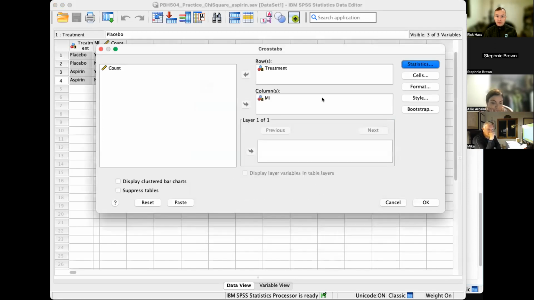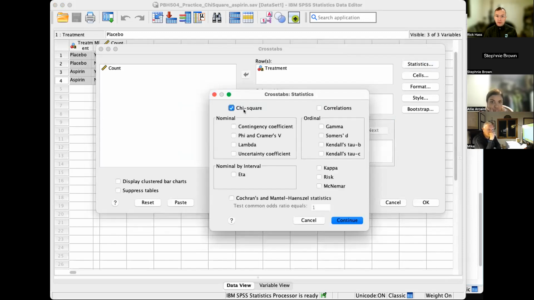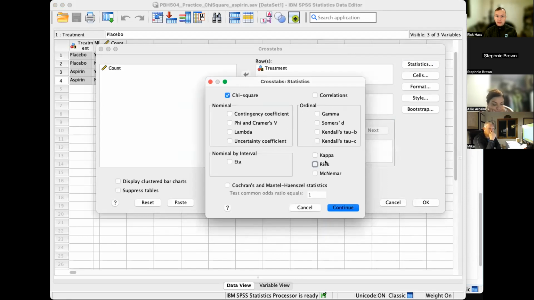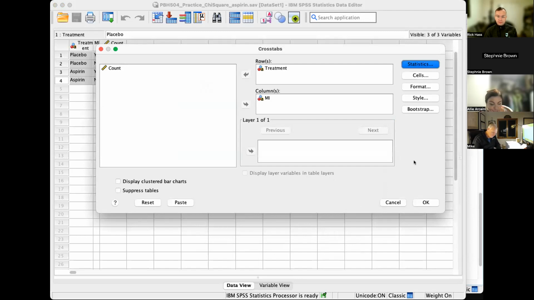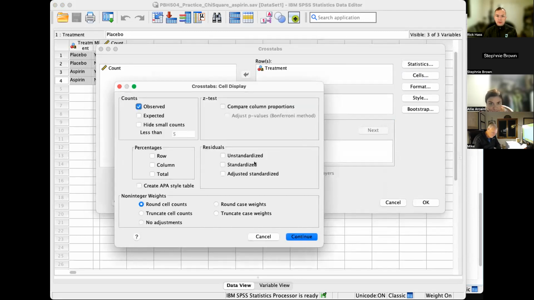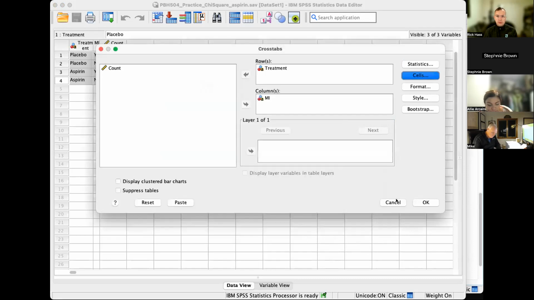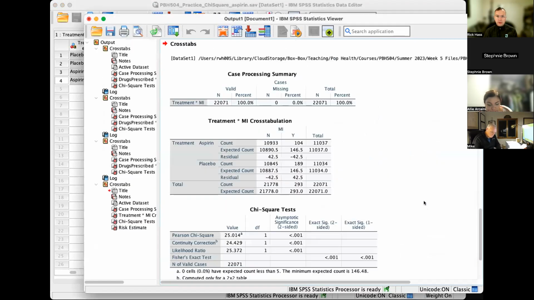By default, neither of those are checked, so I have to go in and click chi-square and risk. Continue. Then in Cells, we'll ask for expected, and let's get those residuals too. And we're good.